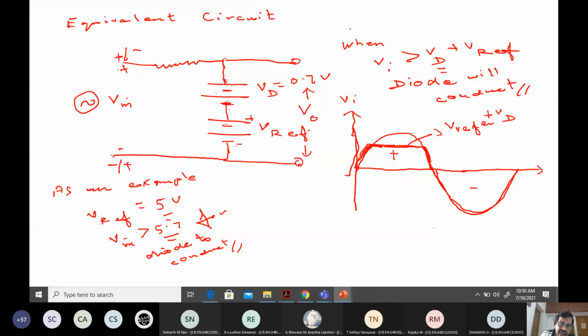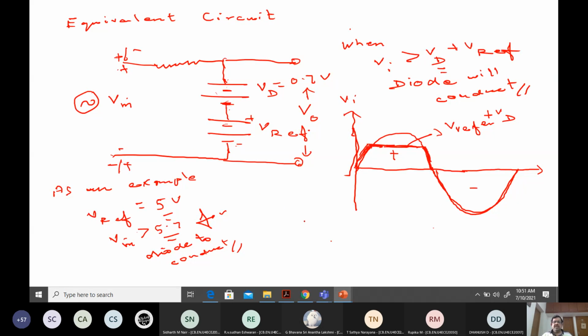The diode is always open. If this is an open terminal, there is no current flowing through, so all of the input will be measured across it. That is the idea.